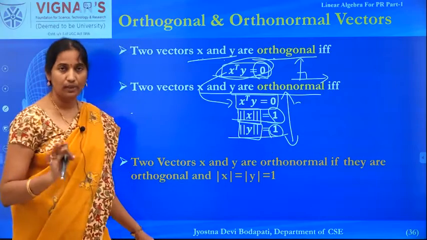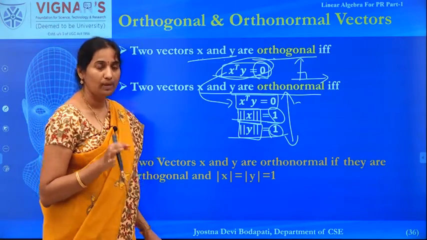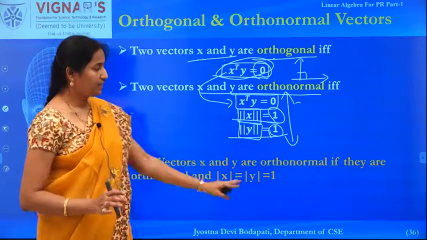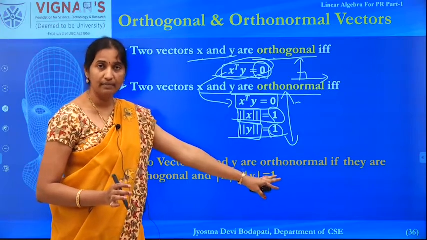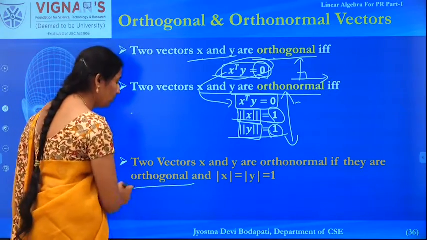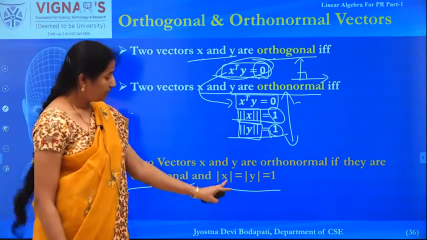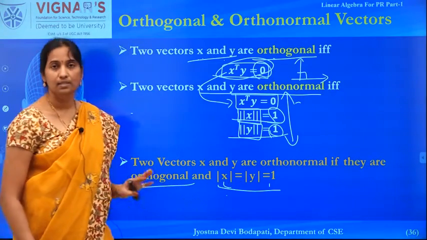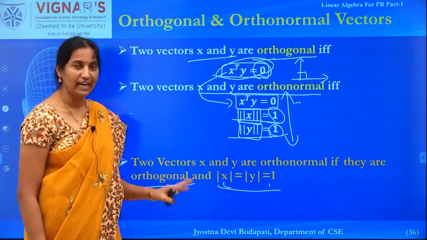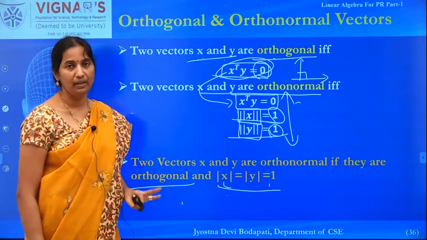Only in that case can you call them orthonormal vectors. So for the vectors to be orthonormal, first they should be orthogonal, and in addition they should satisfy the constraint that their individual norms are unit.